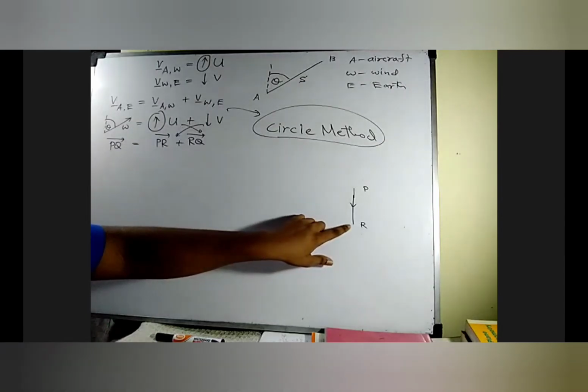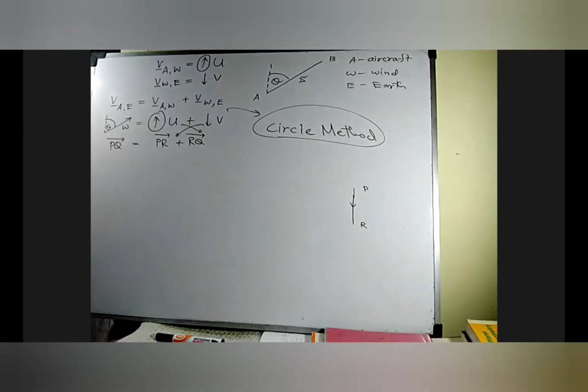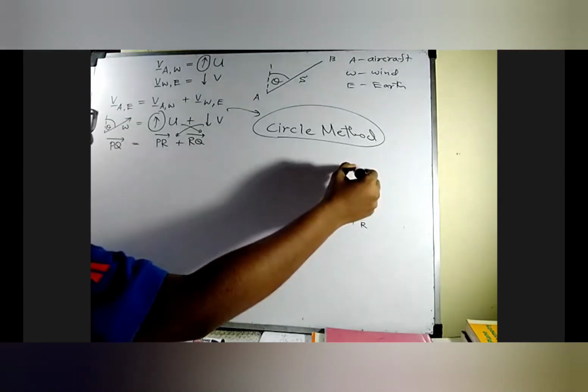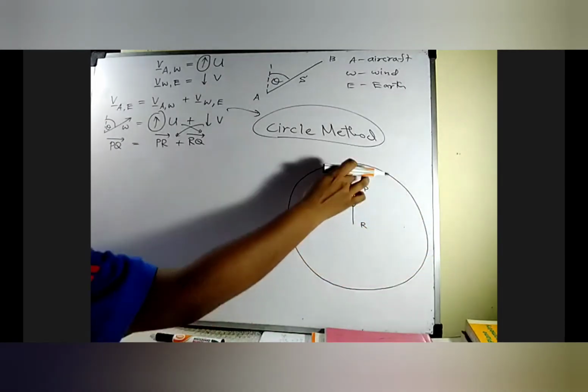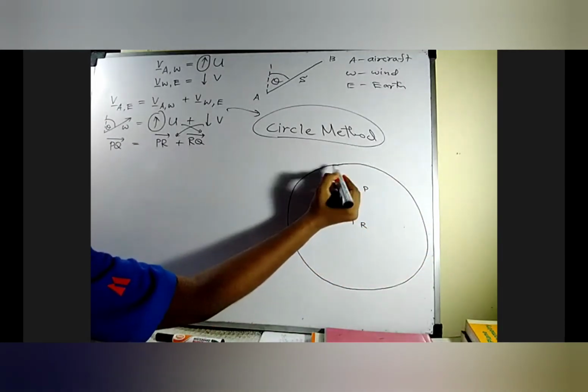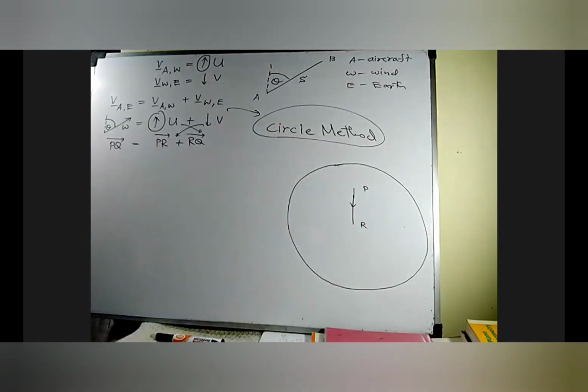This end point of the first vector is the center. Draw a circle. The radius of the circle must be larger than this vector. Very important.